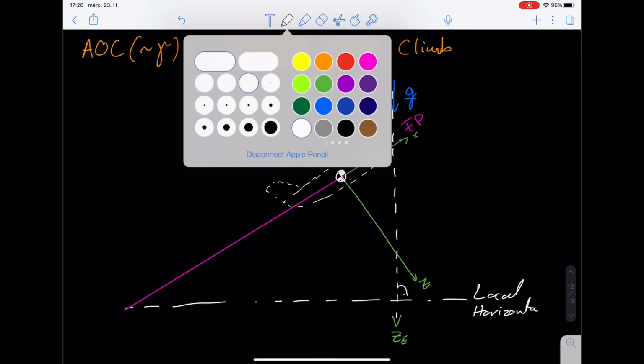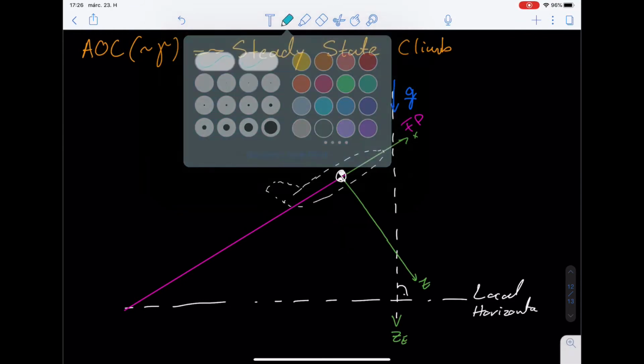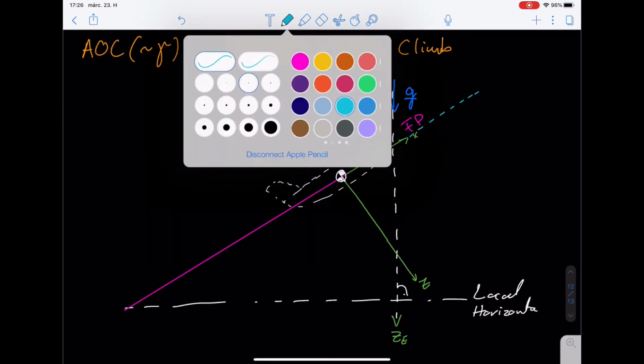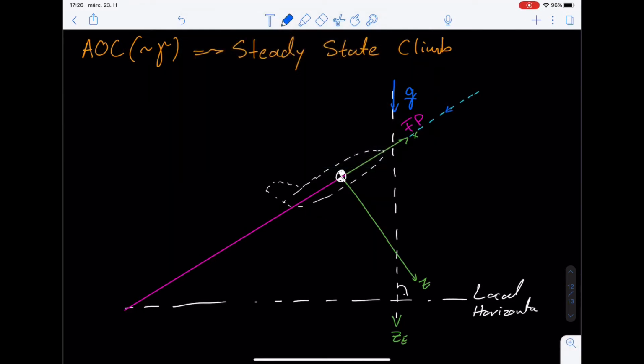Before we do, we also have the undisturbed airflow velocity, where the undisturbed airflow velocity has three components, x, y, and z, and we just said that the velocity acts purely in the negative longitudinal direction, so like that.